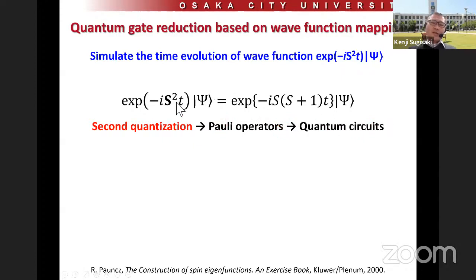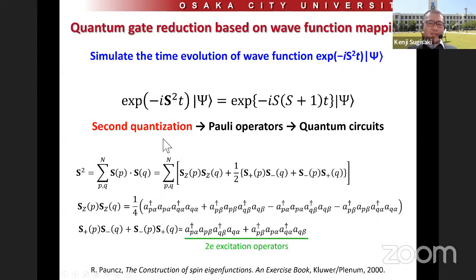So this S-square operator can be defined in the second quantized formula, as shown here. The S-square operator can be rewritten as an Sz term and S plus S minus and S minus S plus terms. And as you can see, these S plus S minus terms are defined as two-electron excitation operators.